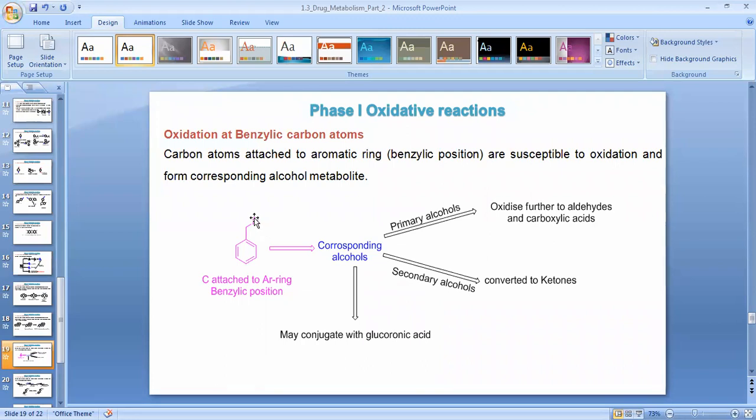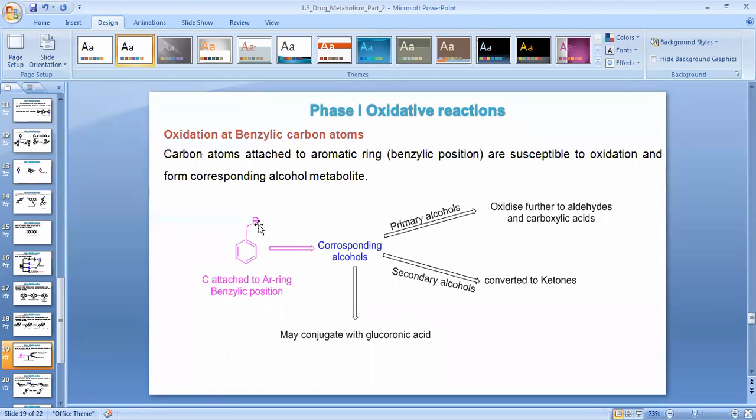So this is the carbon atom which is attached to the aromatic ring. It will easily undergo a hydroxylation reaction to form the corresponding alcohols. If it is a primary carbon, it forms a primary alcohol, oxidized further to aldehydes and carboxylic acids.